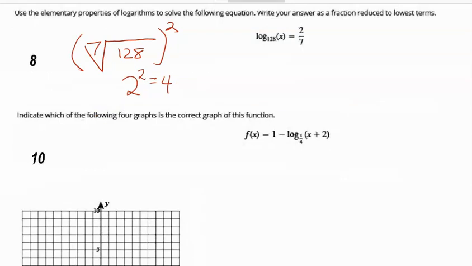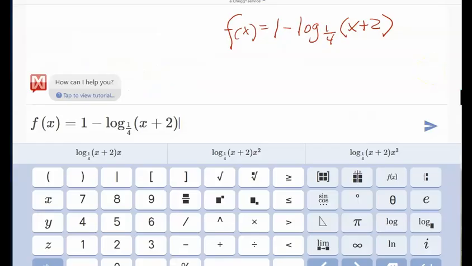All right, we're now going to go on to example, I'm calling it 10 here, but it probably should be number 9 here. Let's move it up. Now I'm back in Mathway. This was the example they gave us.